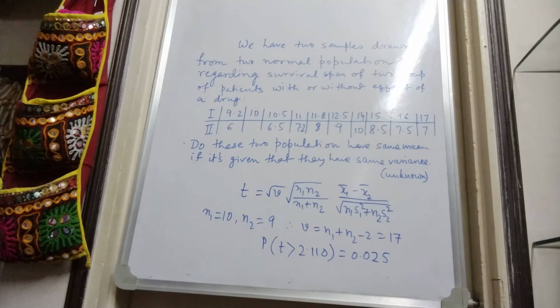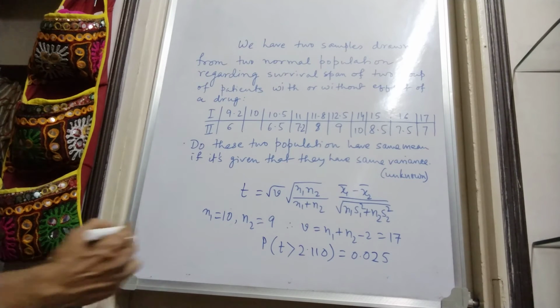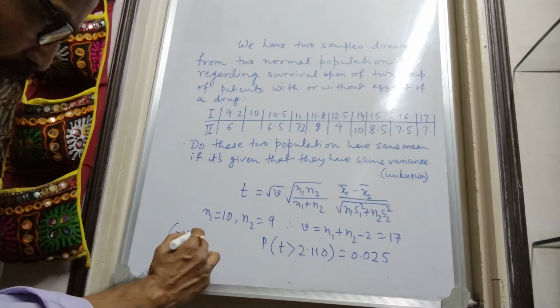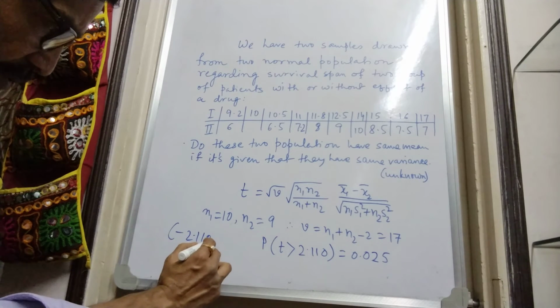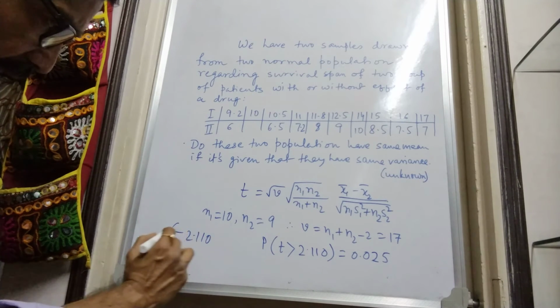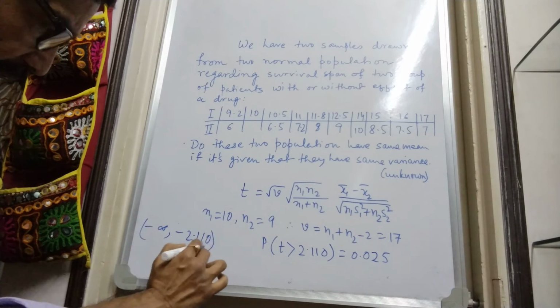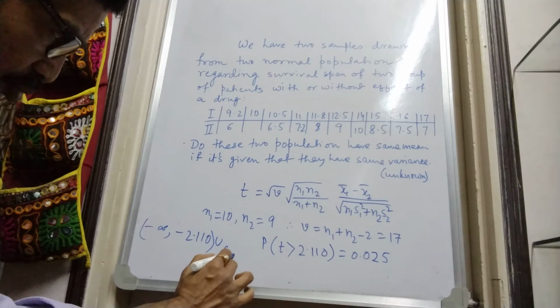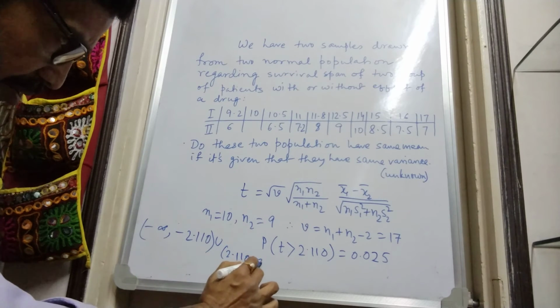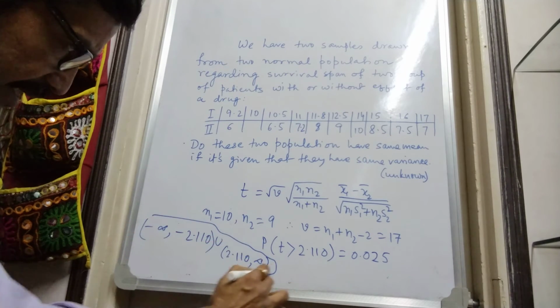the critical region. So, what is the critical region? The critical region at 5% significance level will be minus infinity to minus 2.110, union 2.110 to plus infinity. This is the critical region.